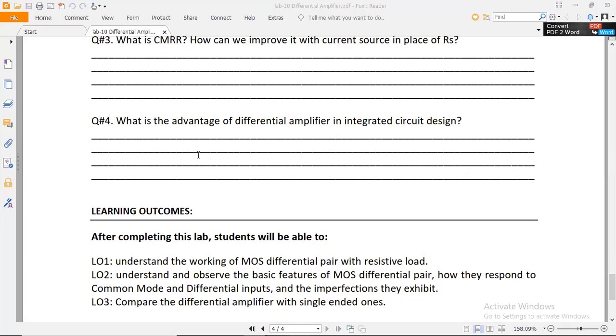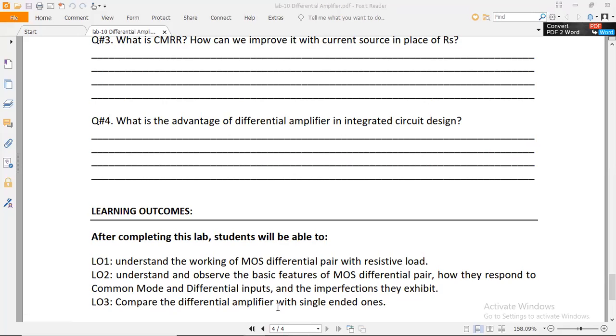So the learning outcomes are here. After completing this lab, students would be able to understand the working of a metal oxide differential amplifier pair with resistive load, and understand and observe the basic features of the metal oxide semiconductor differential pair, how they respond to common mode and differential inputs, and the imperfections they exhibit.